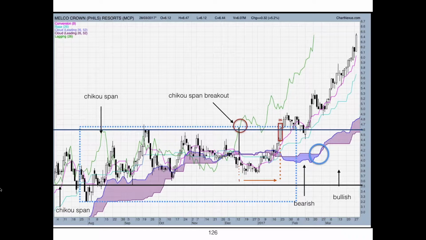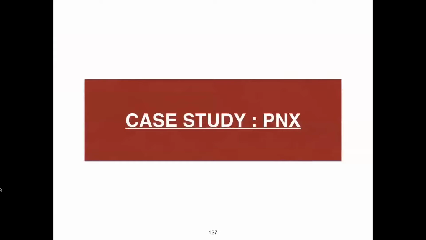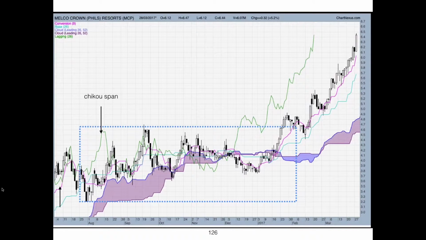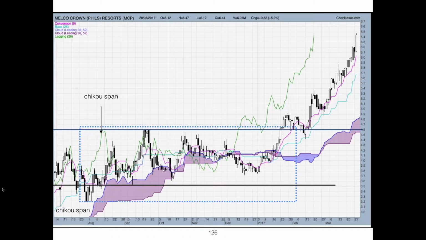After the Kumo twist, we have a bullish sentiment. Now corresponding to the Kumo twist, we count 26 periods back. This was one. Sorry, let's go back. I have to load them all over again just to show you where the Kumo twist happened and what price level we're talking about.